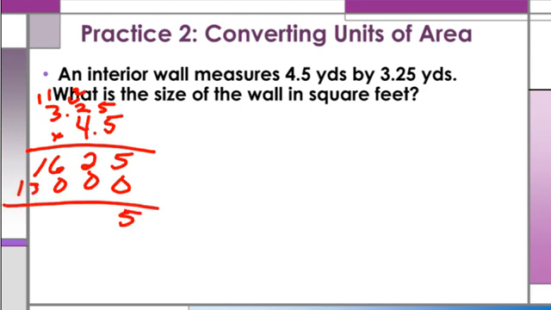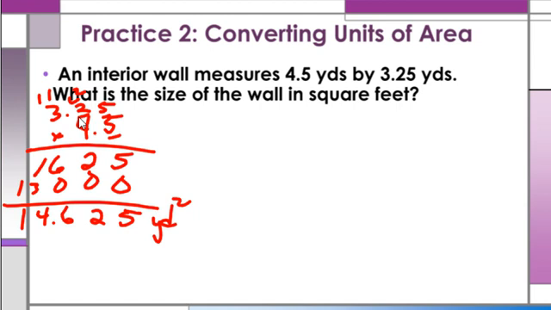So we add straight down. And I have 3 decimal places when I'm multiplying, so I have to have 3 decimal places in my answer. So I have 14.625 square yards.